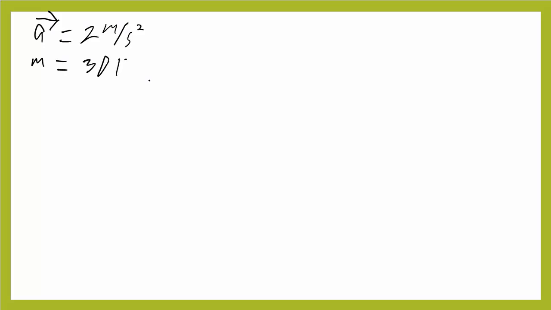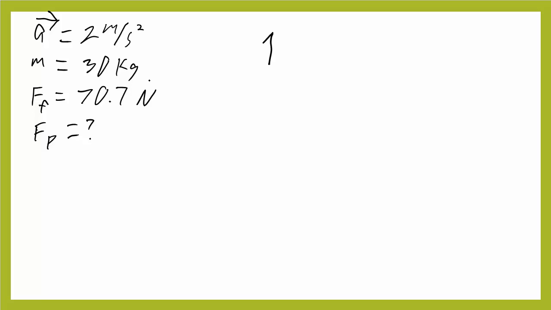Mass is still 30 kilograms, and let's assume that friction remains constant, so that didn't change. And I want to know what is the push force required to get this object to accelerate. We're going to have to push with something greater than 100, right? Because when we pushed with 100, there was no acceleration, so we're going to have to push harder, and we can look at the push required.